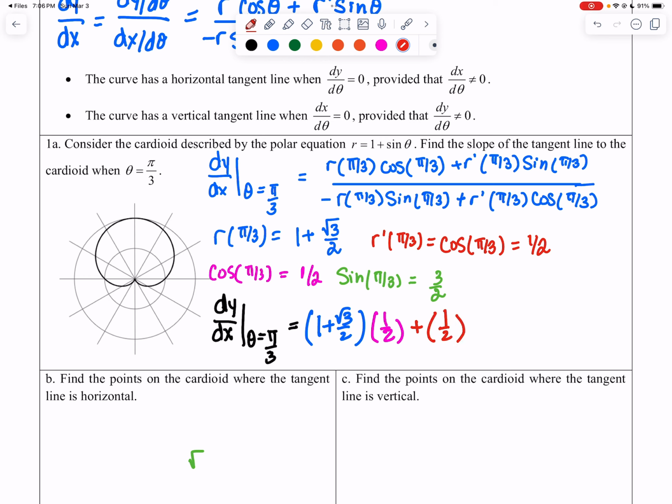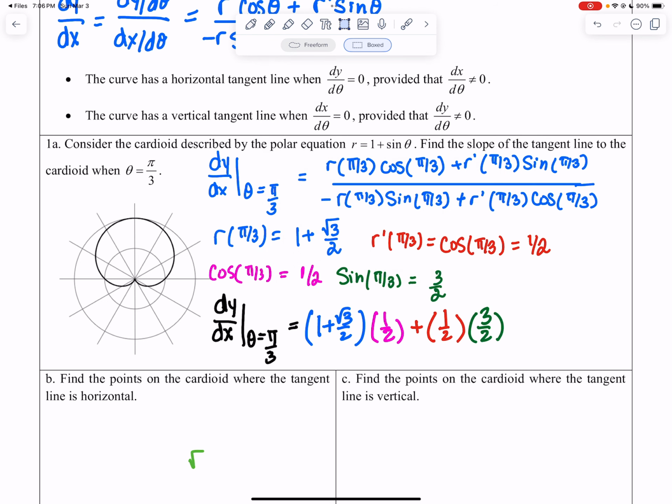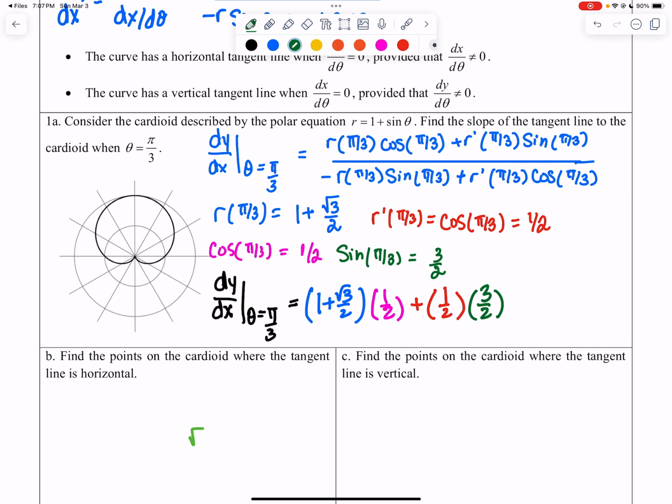And then we said that sine of pi over 3 was root 3 over 2, close enough in terms of green, right? All over negative r of pi over 3. So this blue, but make it negative.